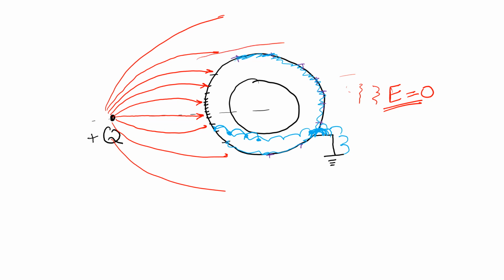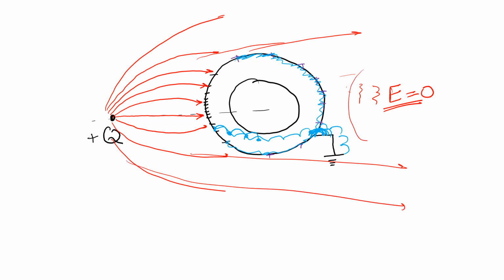The lines would simply remain like that. There would be a region behind the conductor where the electric field would be zero. That is what happens when we ground a conductor.